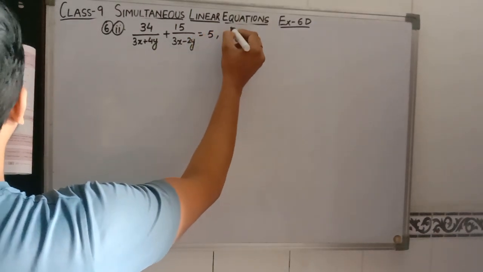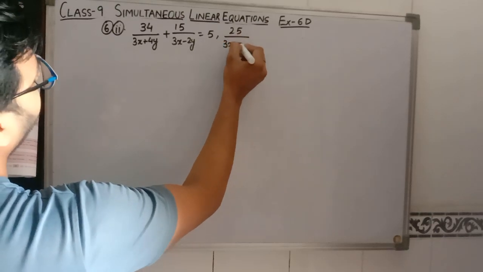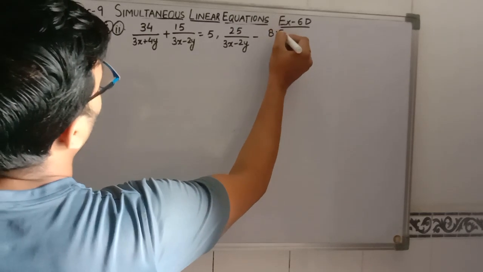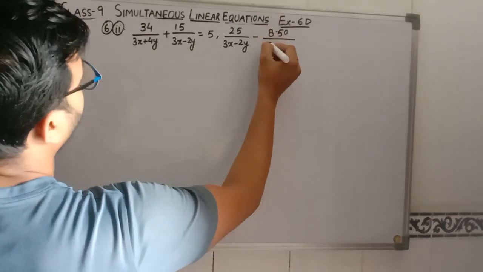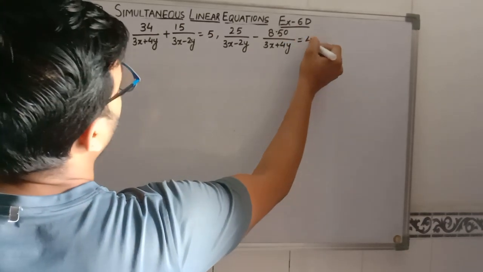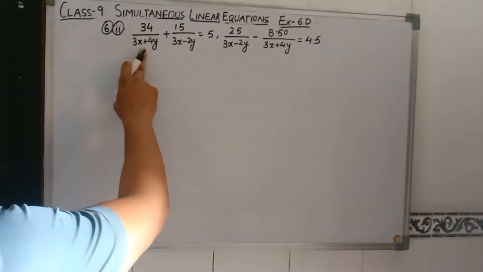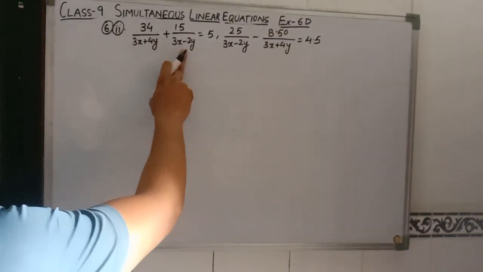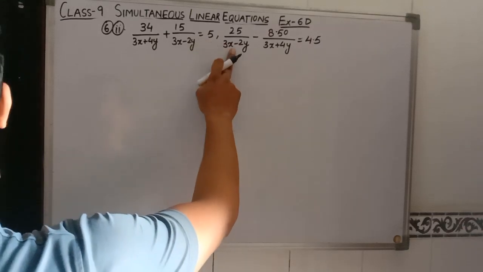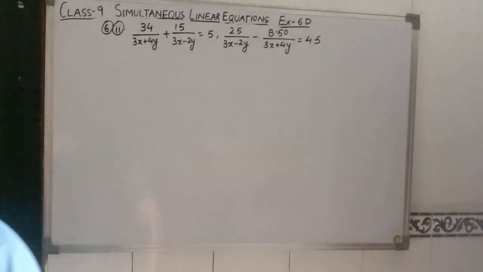This is the first equation. 25 upon 3x minus 2y minus 8.50 upon 3x plus 4y is equal to 4.5. These are the two equations. 34 upon 3x plus 4y, 15 upon 3x minus 2y, between them a positive sign, equals 5. 25 upon 3x minus 2y minus 8.50 upon 3x plus 4y is equal to 4.5.